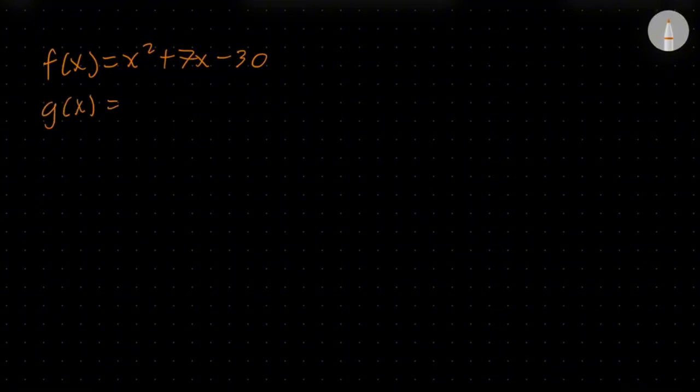Let's say we have three functions, namely f of x equal to x squared plus 7x minus 30, and we have g of x, which is x plus 10, and h of x, which is x minus 3.